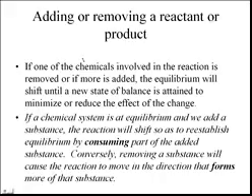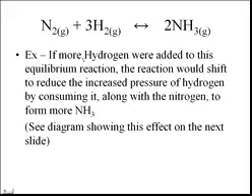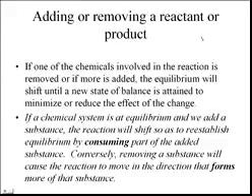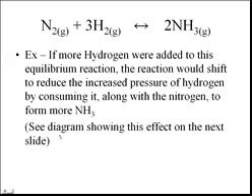So, chemical system at equilibrium, we're going to add a substance. Let's say, here's our reaction. Again, we've got nitrogen reacting with hydrogen to make ammonia. We're going to add a substance, let's add some nitrogen.